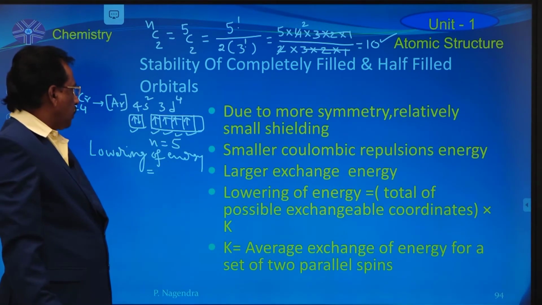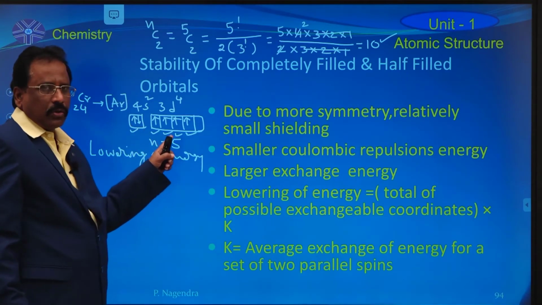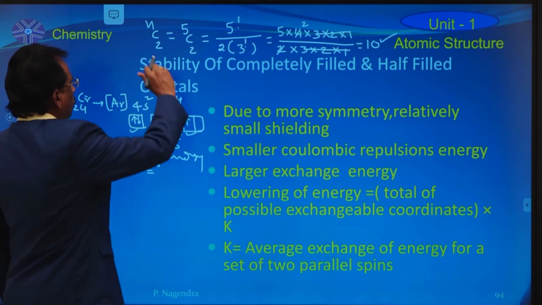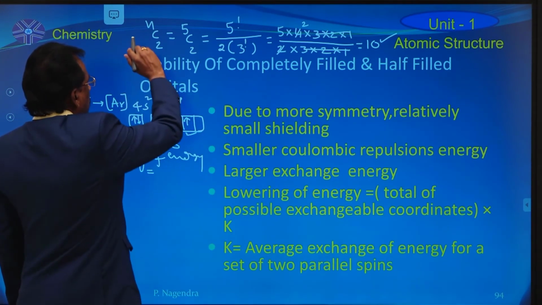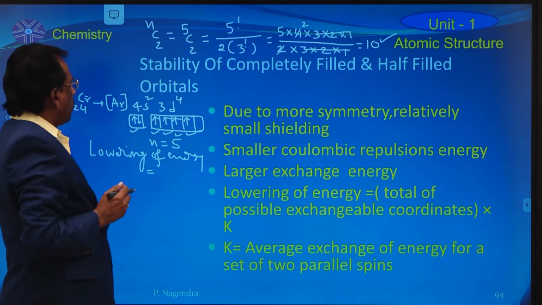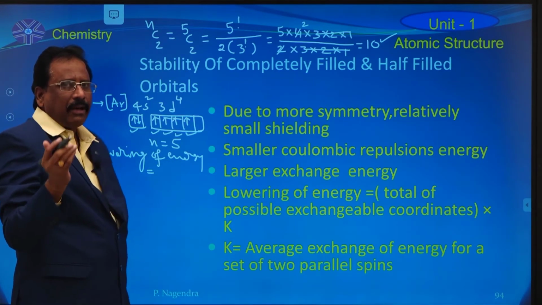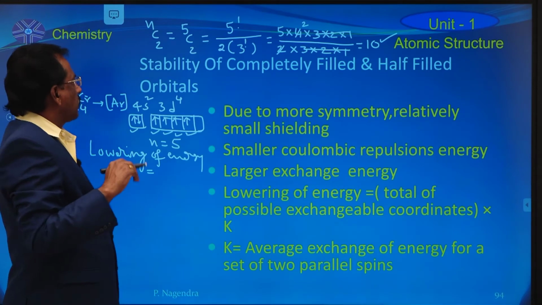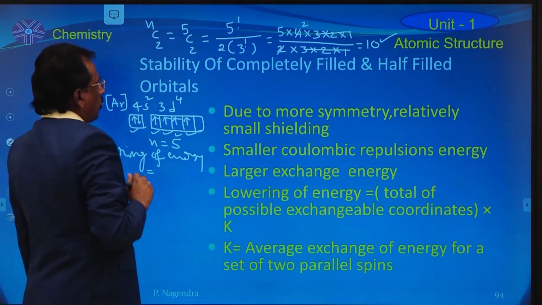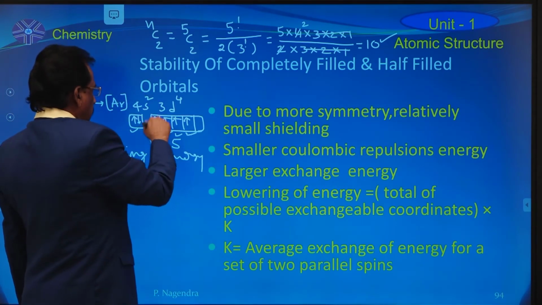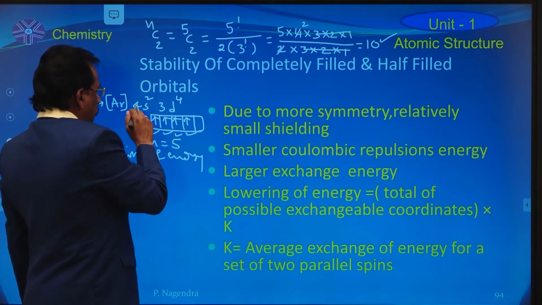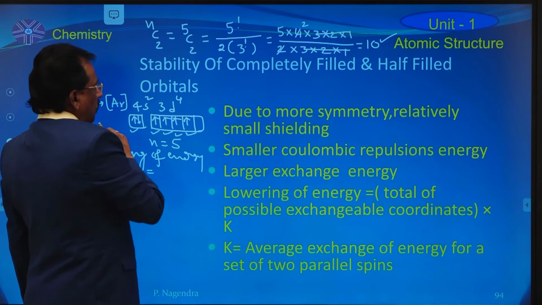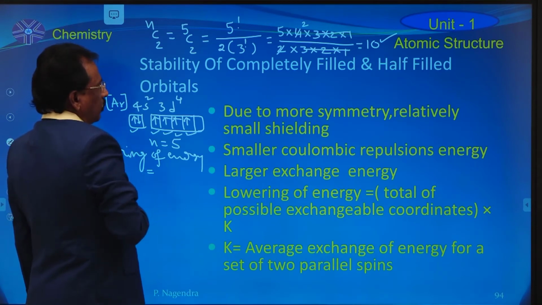In 4s2 3d4, the number of parallel spin electrons is equal to 5. So the value of n is equal to 5. So nC2 indicates n factorial divided by 2 into (n minus 2) factorial. Here the value of n is equal to 5 because there are 5 parallel spin electrons in the 4s2 3d4 outer configuration of chromium, atomic number 24.